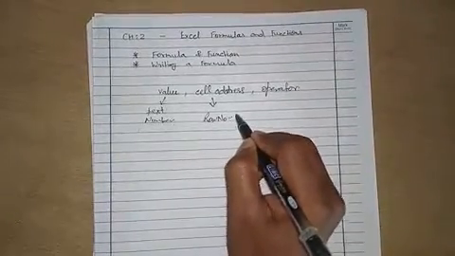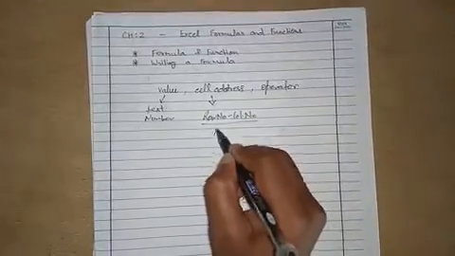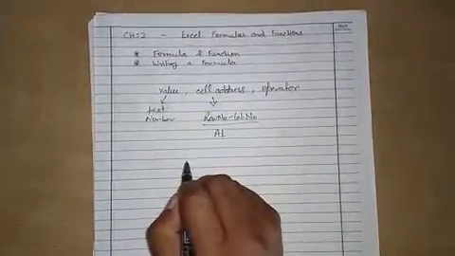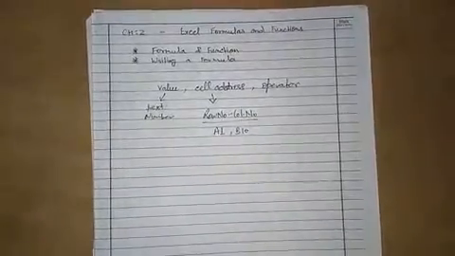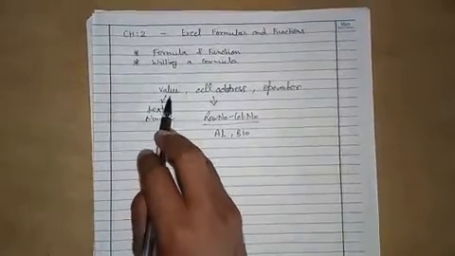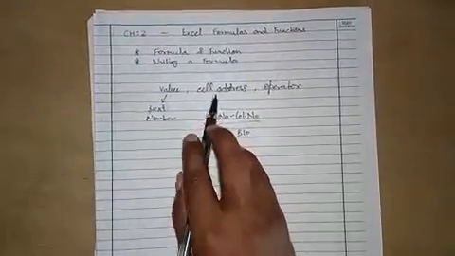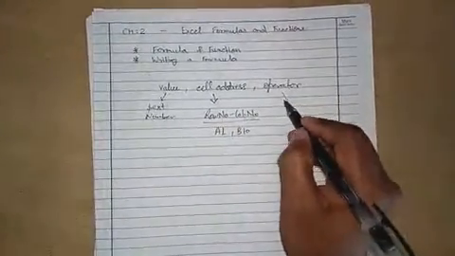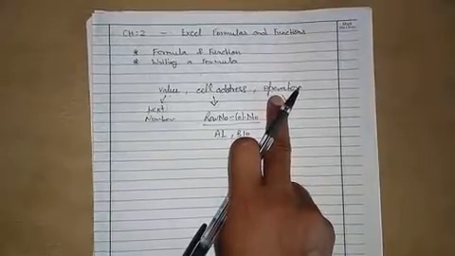For example, A1 is a cell reference, or B10 is a cell reference. So there is need of value, there is need of cell reference or cell address, and there is operator.